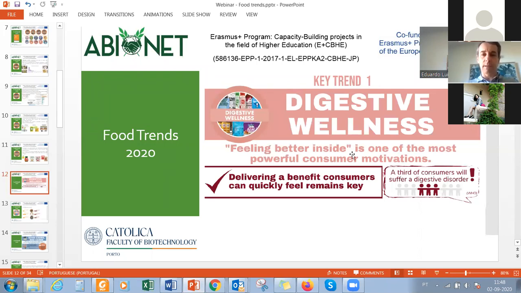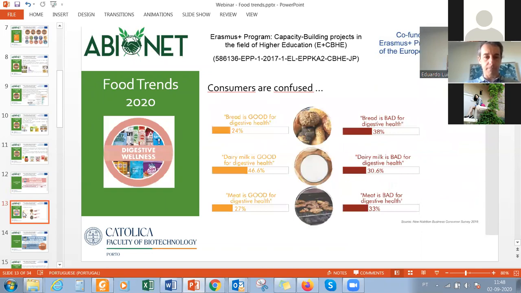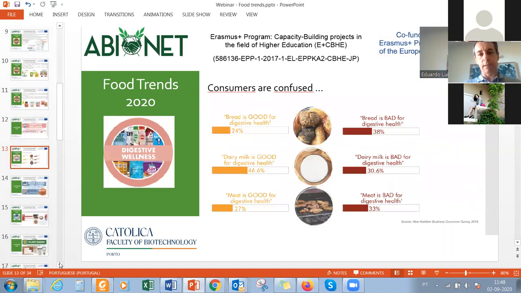So there are key trends related to wellness, digestive wellness, that you could certainly know more about than me, but relating this to fragmentation, consumers are a bit confused. So, is bread good for our digestive health or bad?